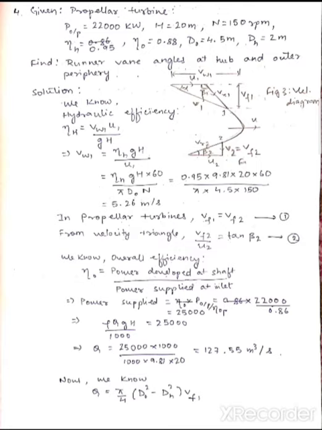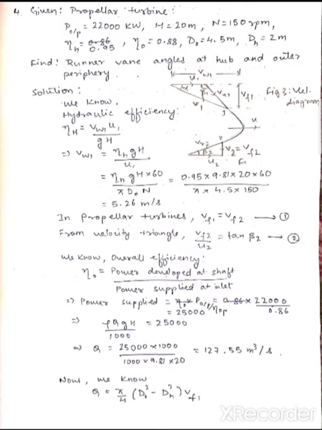So first we'll try to find out the whirl component of velocity at the inlet. We know that hydraulic efficiency eta h is equal to the whirl component of velocity at the inlet multiplied by the velocity of the runner as seen from the inlet, u1, divided by gH.